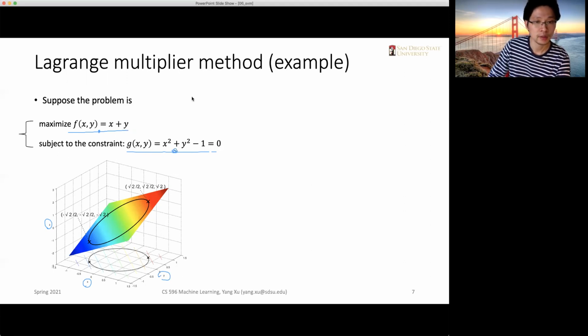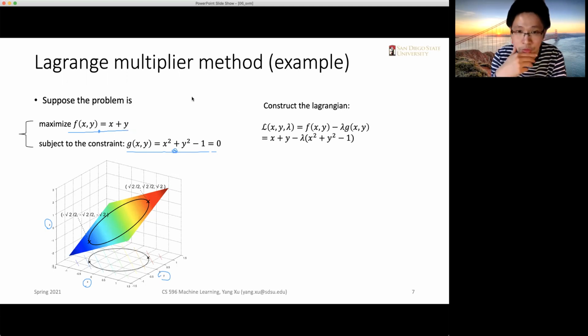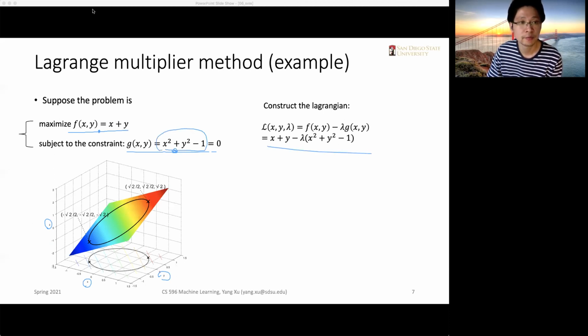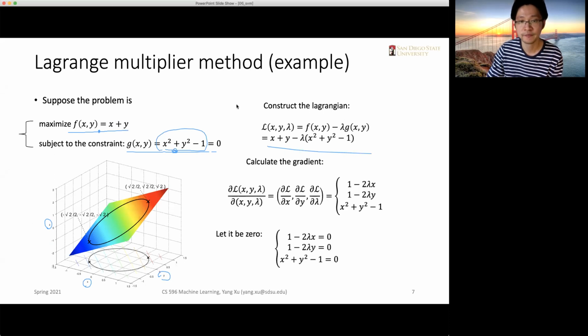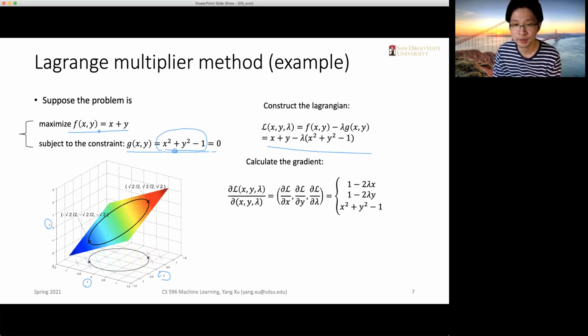Using the method that we defined in the previous slide, we can construct the Lagrangian like this. We use the original function f minus lambda times g of x, y, and g of x, y looks like this. Given this Lagrangian, we can take the derivatives and make them 0.